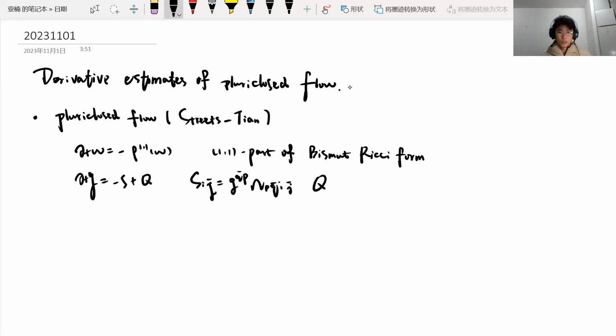And Q is the quadratic term defined by the torsion of the Chern connection. Here T is the torsion.